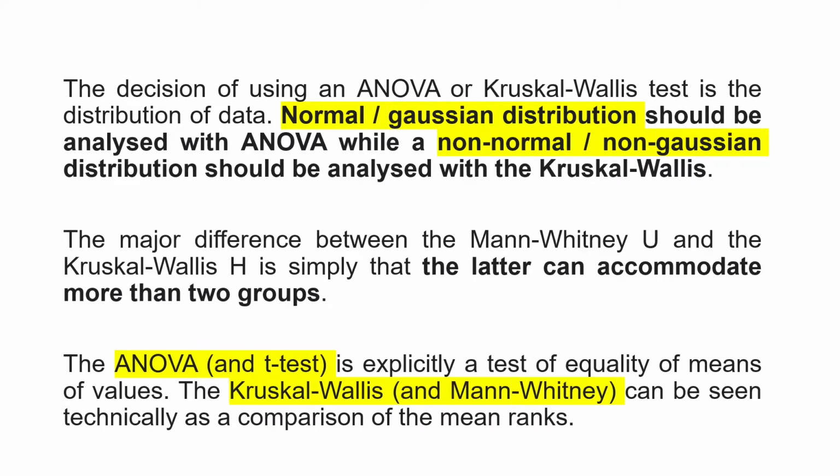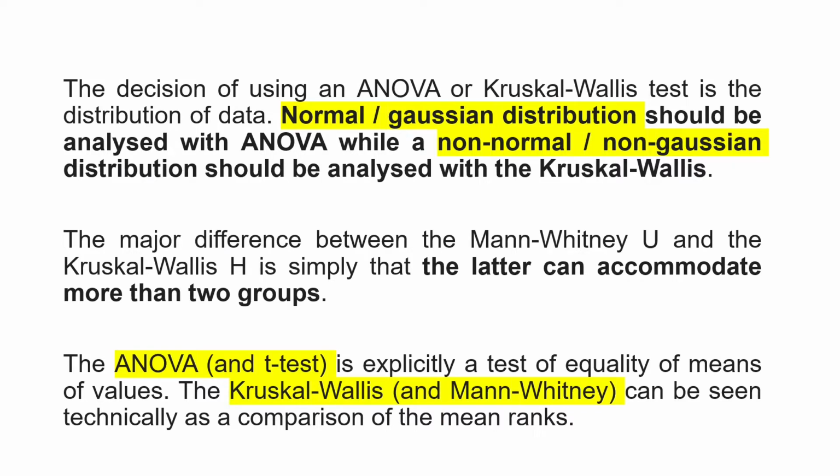First of all, the decision of using an ANOVA or Kruskal-Wallis test is the distribution of data. So we have to differentiate between the normal distribution and the non-normal distribution. When it is normal or Gaussian distribution, then we're going to use ANOVA to analyze the data.